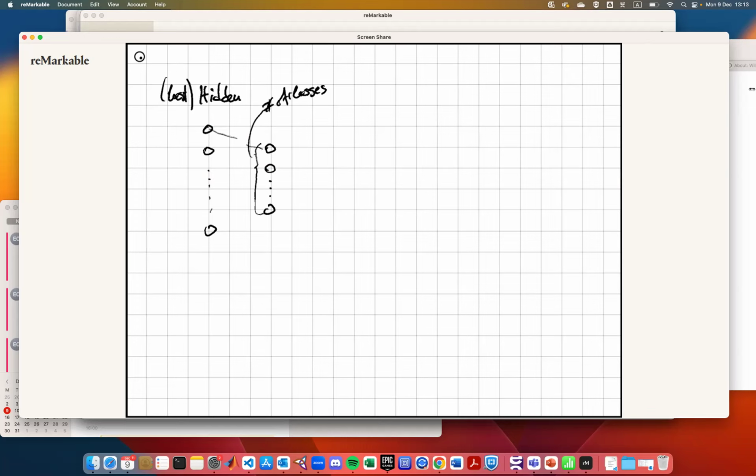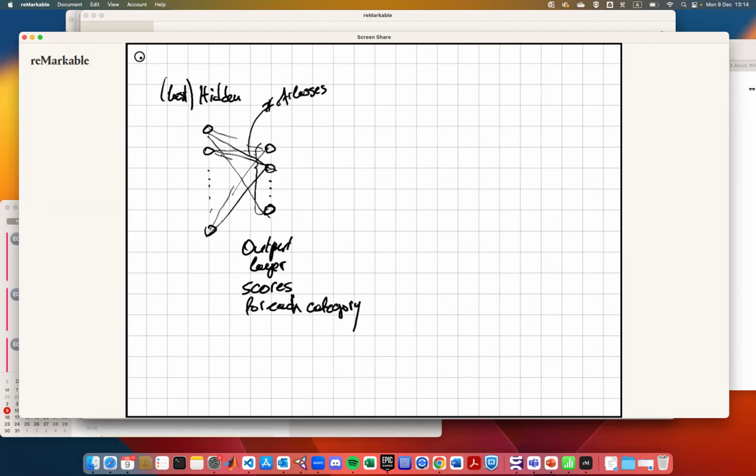And the connections are as previously, like this. This is the output layer, which produces scores for each category.